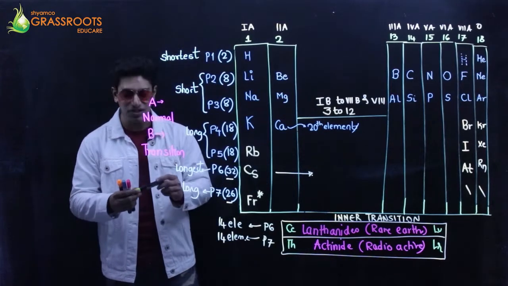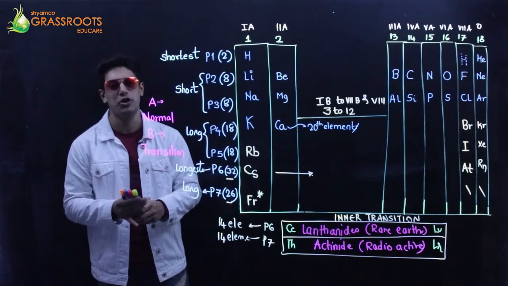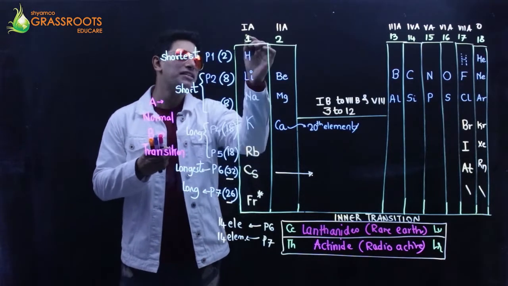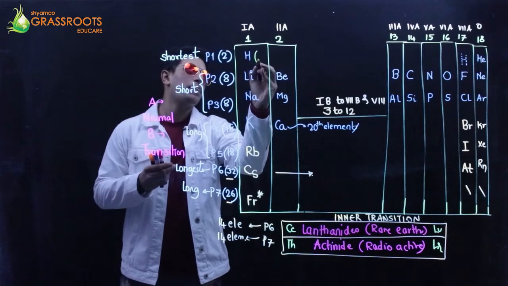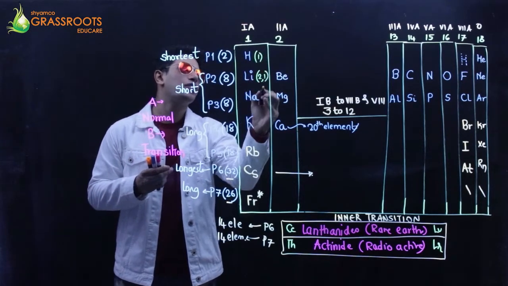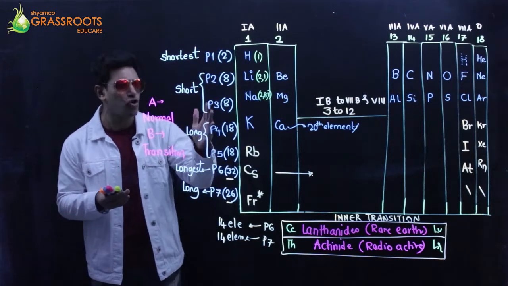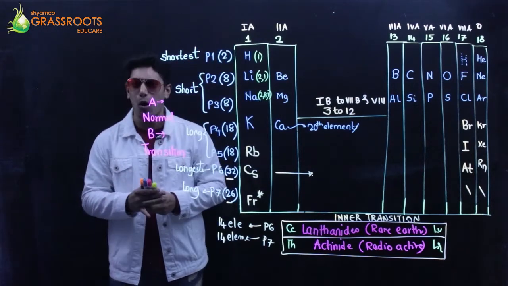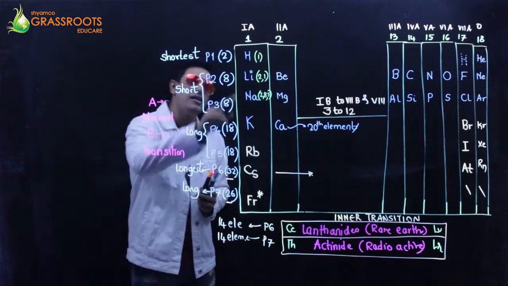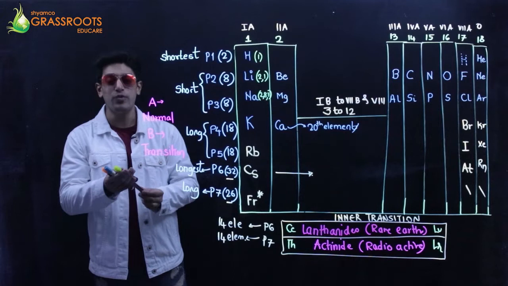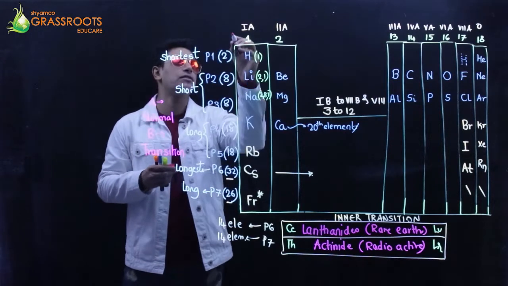So all of you, till now, this was a briefing about the periodic table. Now, if I talk about the first group, down the group, I know that the valence shell configuration remains the same. And we have studied the significance of a column, of a group. Now, always remember one thing, students. The first group, we call alkali metals.